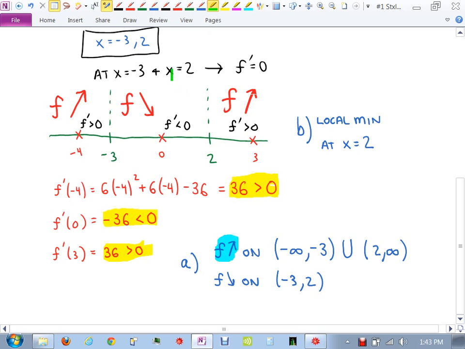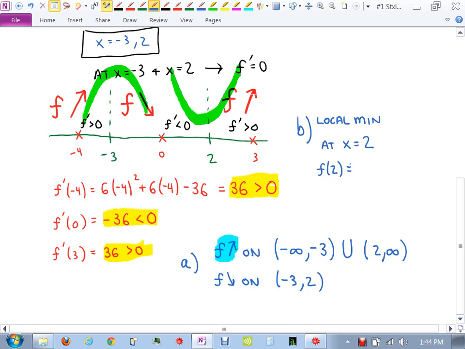Remember, my graph is going down, then it has to go up, right? Over here, it was up, then down. So I should have a local minimum at x equals 2, but I would actually like to know what the minimum value is, what that local minimum is. So how would you figure out what the local minimum is? Plug it into the original function to figure out what the value of the function is there.